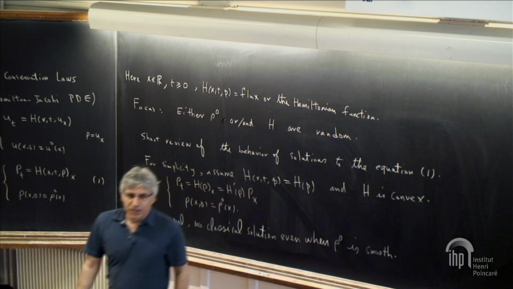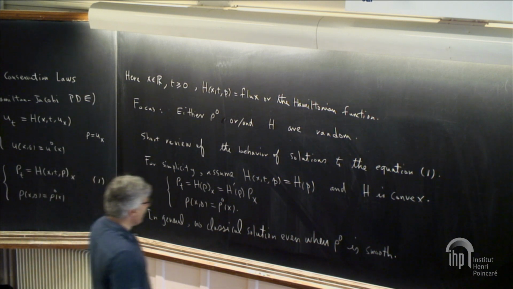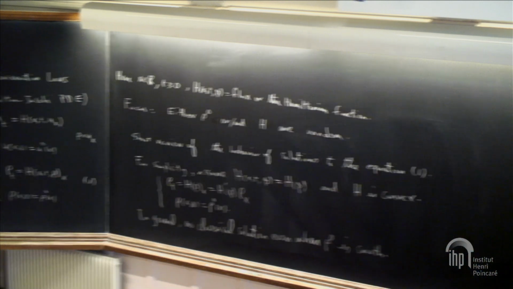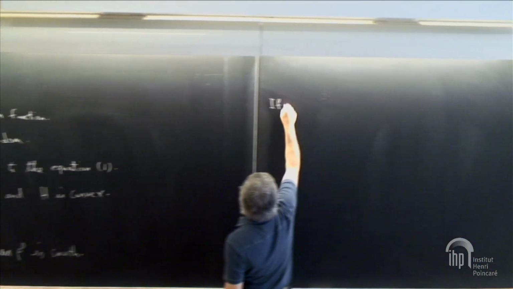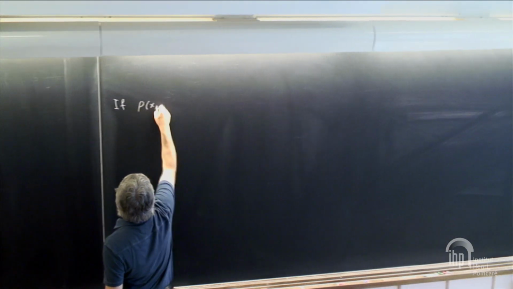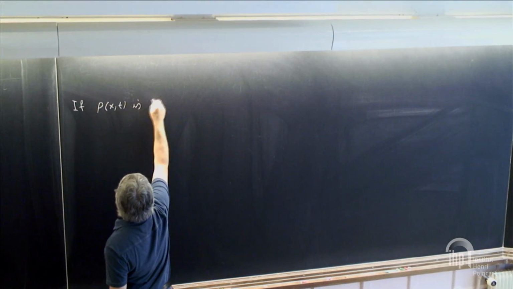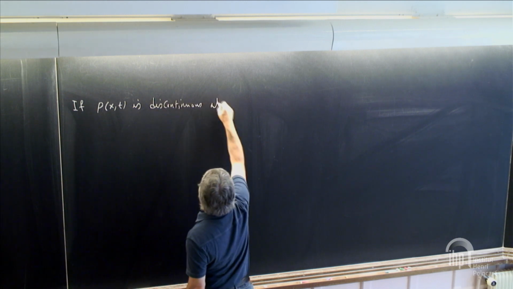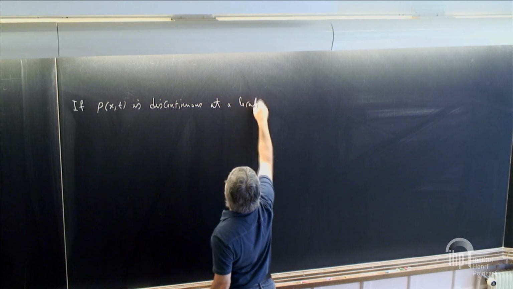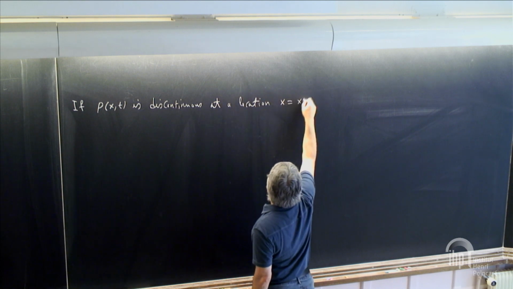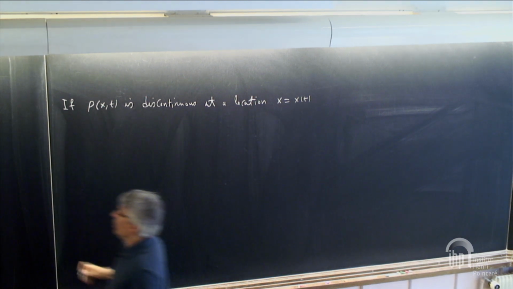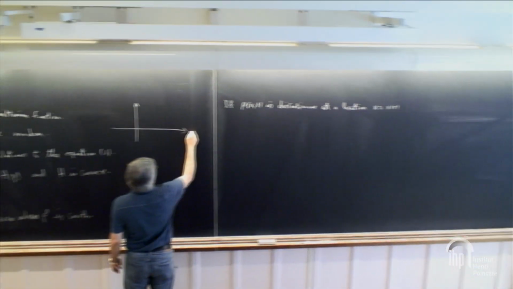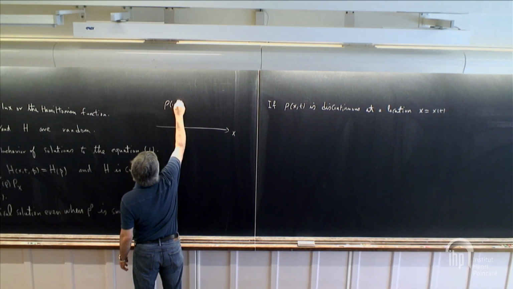And the type of discontinuities you would have because of the convexity takes the following form. So if rho(x, t) is discontinuous at a location, say x equals x(t). So maybe I should draw a picture. So imagine this is what you are seeing at time t.